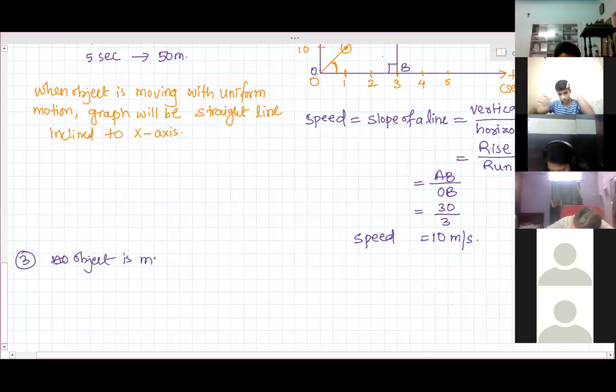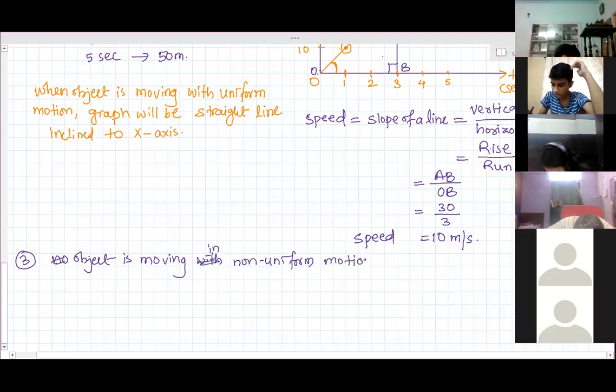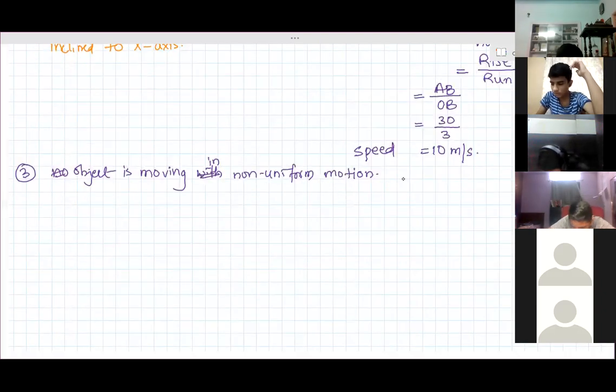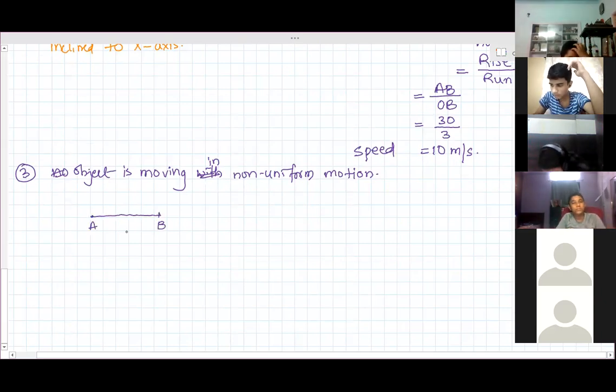Object is moving in non-uniform motion. We have seen the example. The object from A to B covers a distance of 10 meters in 1 second.